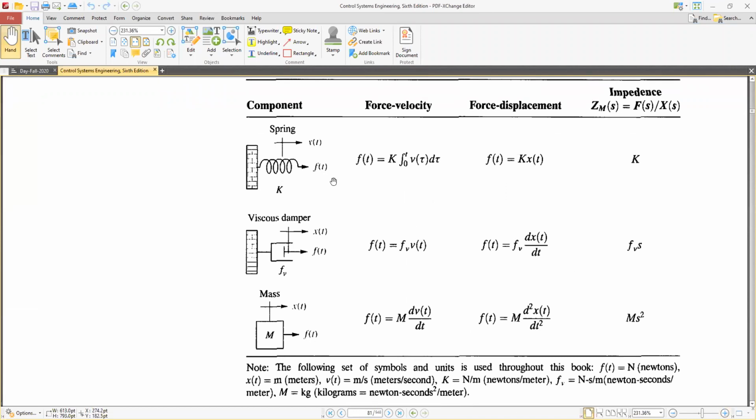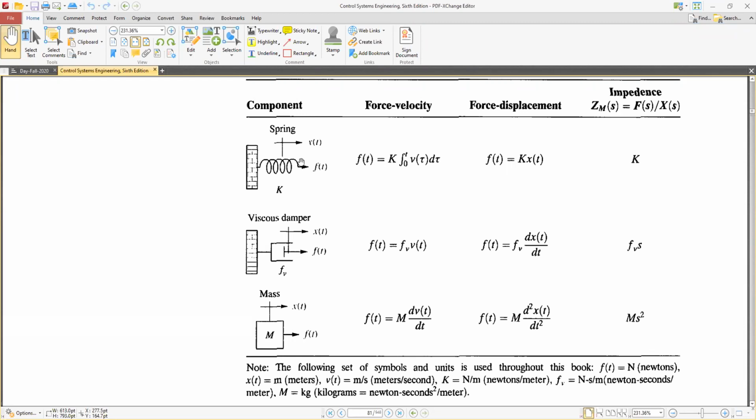That is the spring. That is the damper, the viscous damper. This is the mass. Three kinds of things are there for the mechanical system: spring, viscous damper, and mass.